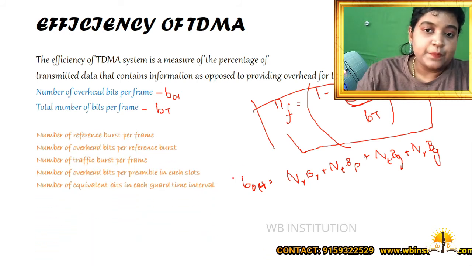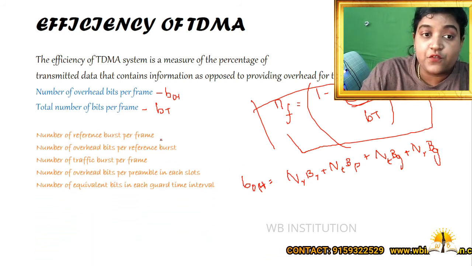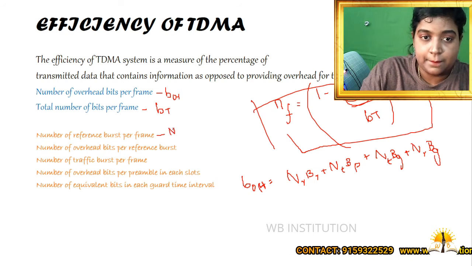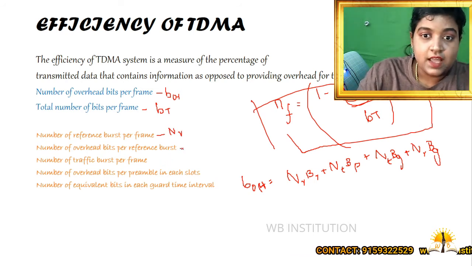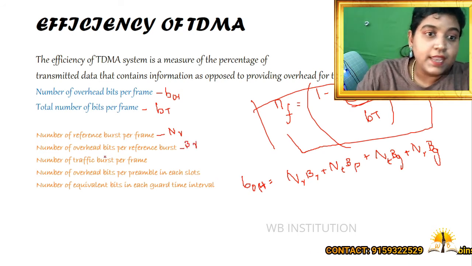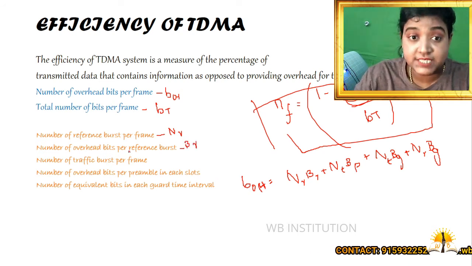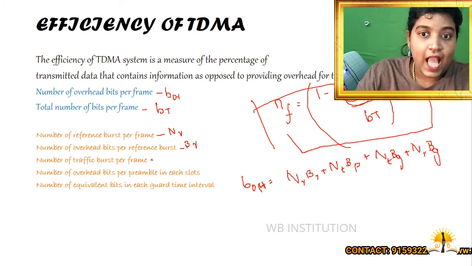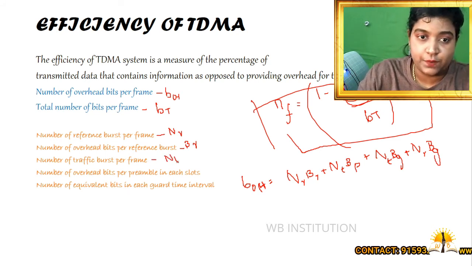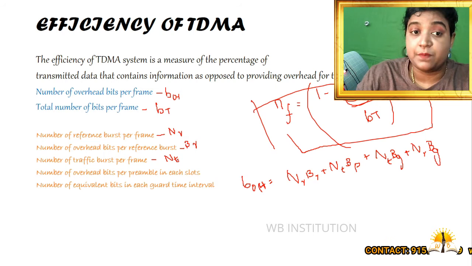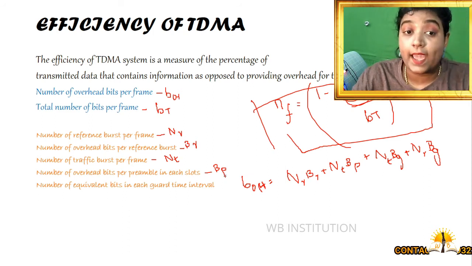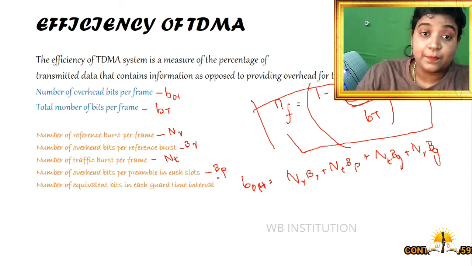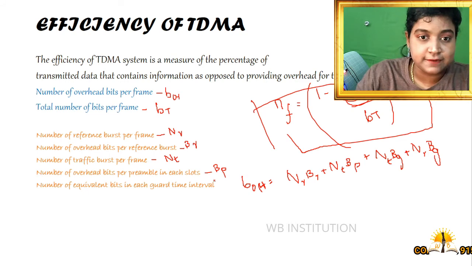Here, NR is the number of reference bursts per frame, and BR is the number of overhead bits per reference burst. NT is the number of traffic bursts per frame, and BP is the number of overhead bits per preamble in each slot.